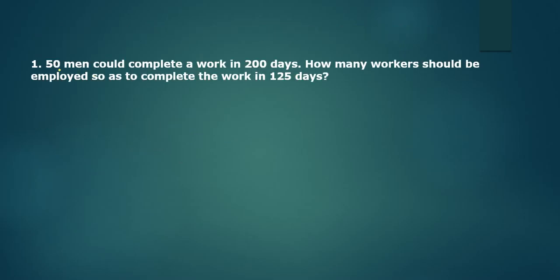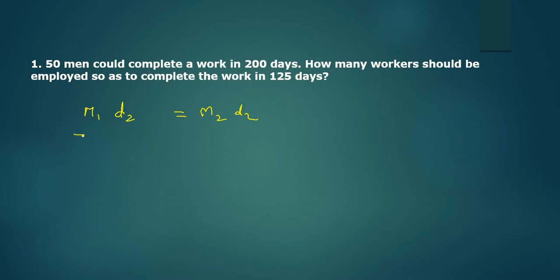See here, 50 men could complete a work in 200 days. How many workers should be employed so as to complete the work in 125 days? Here M1 is given, D1 is given and D2 is given. We have to find M2. What is the formula? M1 D1 equal to M2 D2.